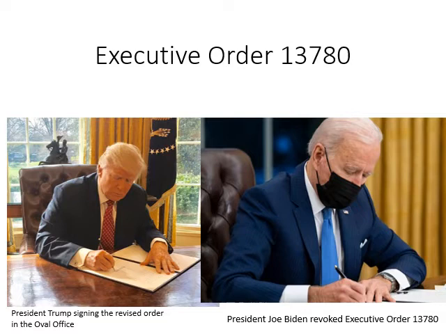In 2018, so this is the following year, the U.S. Supreme Court upheld Executive Order 13780 and its accompanying travel ban in a 5-4 decision. But in January of 2021, President Joe Biden revoked the order with Presidential Proclamation 10141.